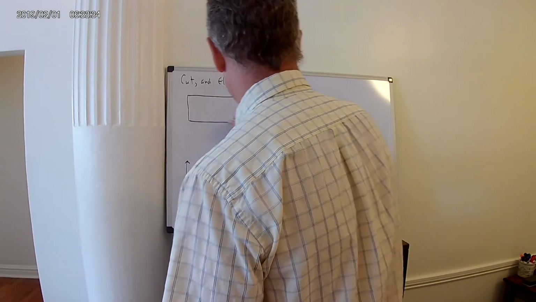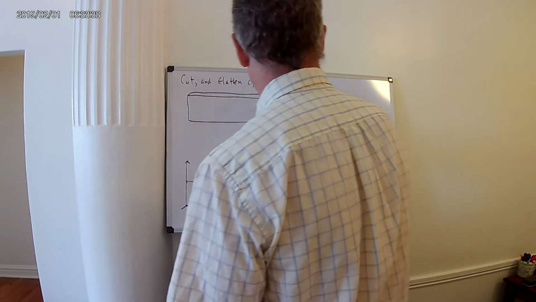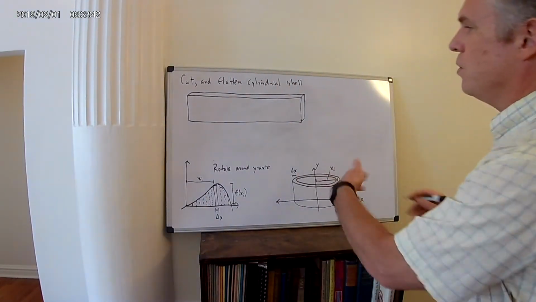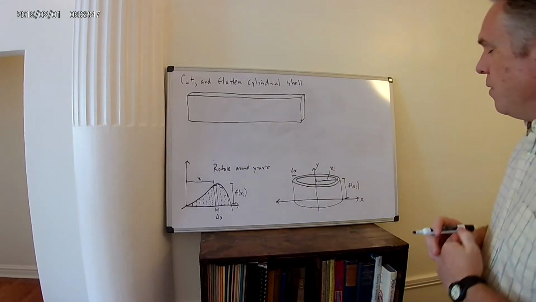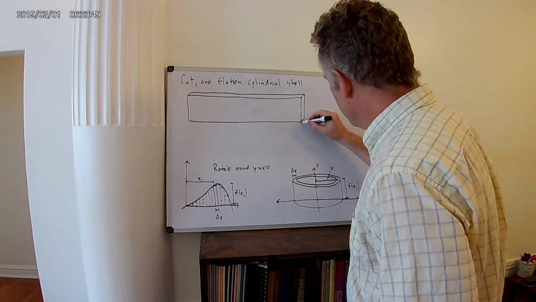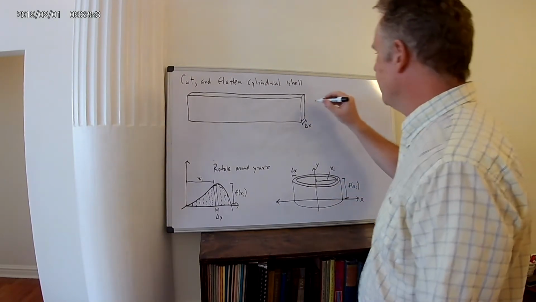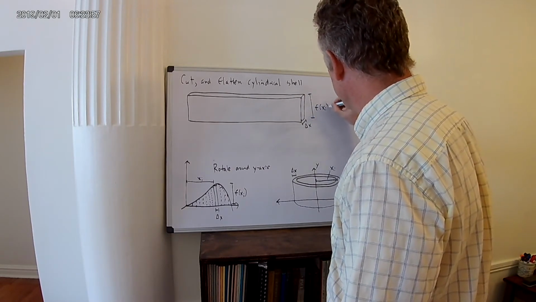This is what it will look like. If we cut this and spread it out and flatten it, we get a long slab. The slab has a thickness, and this thickness here is delta x. The slab has a height of f of x sub i.